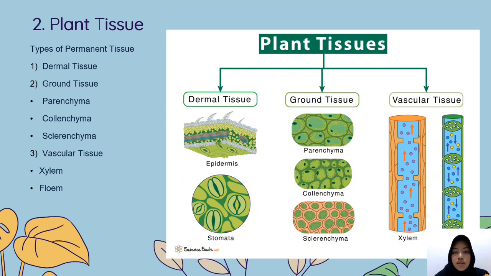In the leaf, some minute openings called stomata, singular stoma, in the cuticle layer allow gas exchange. Each stoma is covered by a pair of bean-shaped guard cells that regulate its opening and closing.